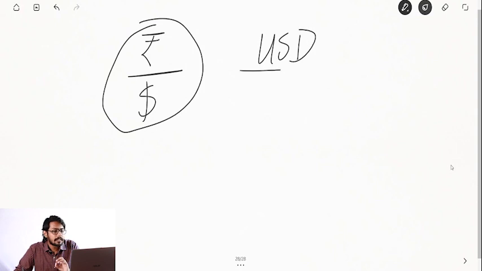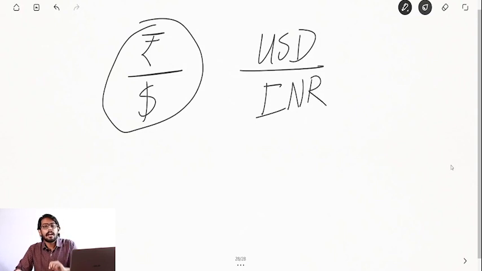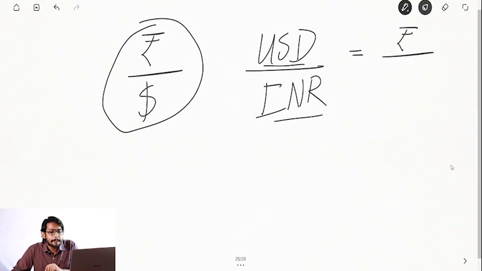His quotation will be USD by INR. Okay, pay attention guys, his quotation is USD by INR. If the quotation is in 3 alphabets, it has to be read in reverse. USD by INR is equal to rupee by dollar.